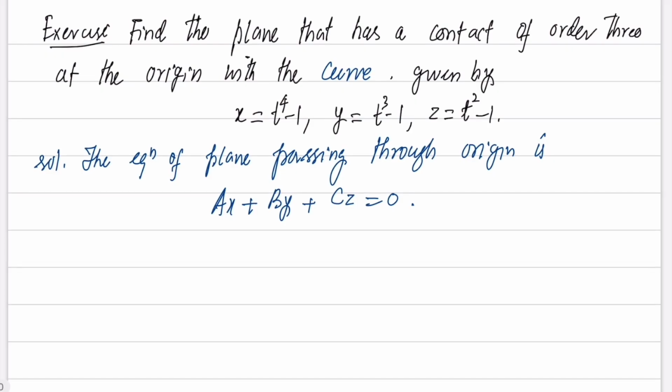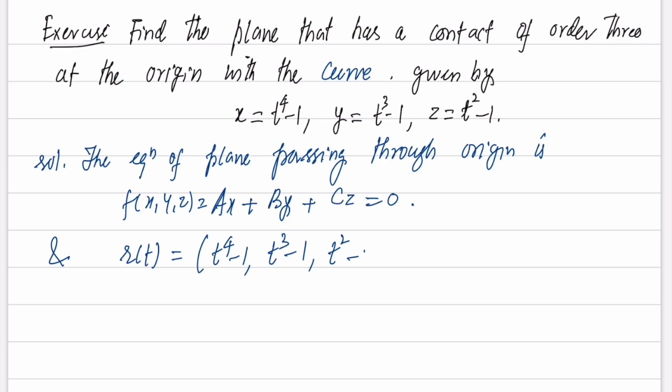Now this is our f of x, y, z, and our r of t is equal to t power 4 minus 1, t power 3 minus 1, t square minus 1.